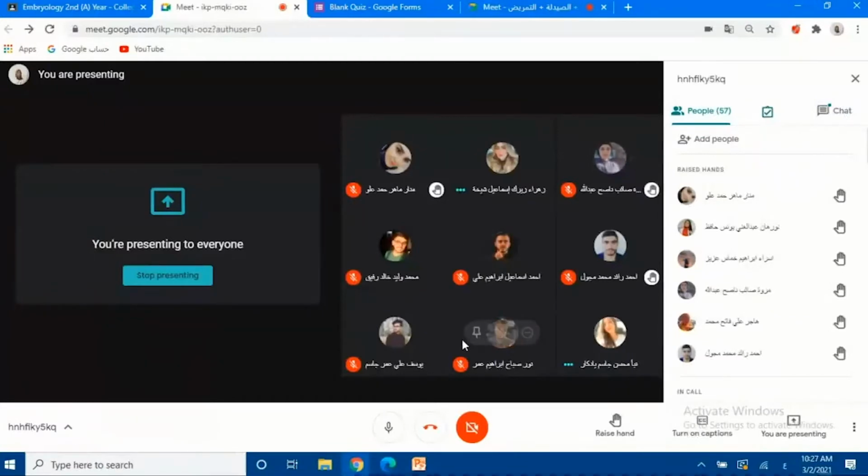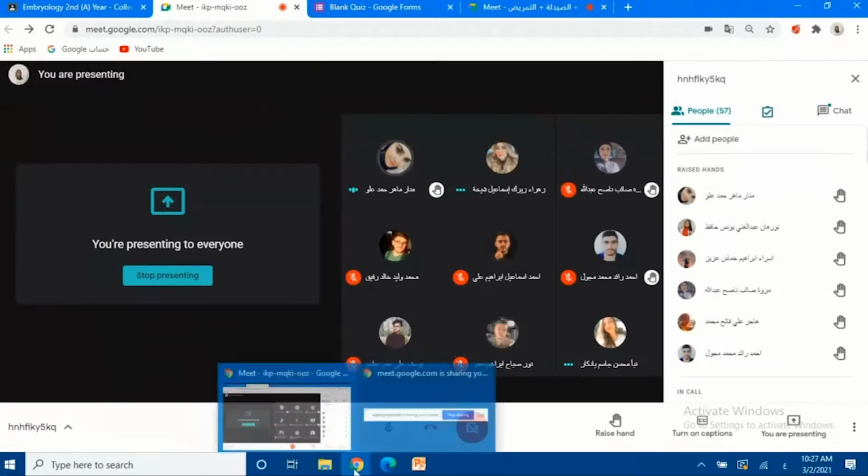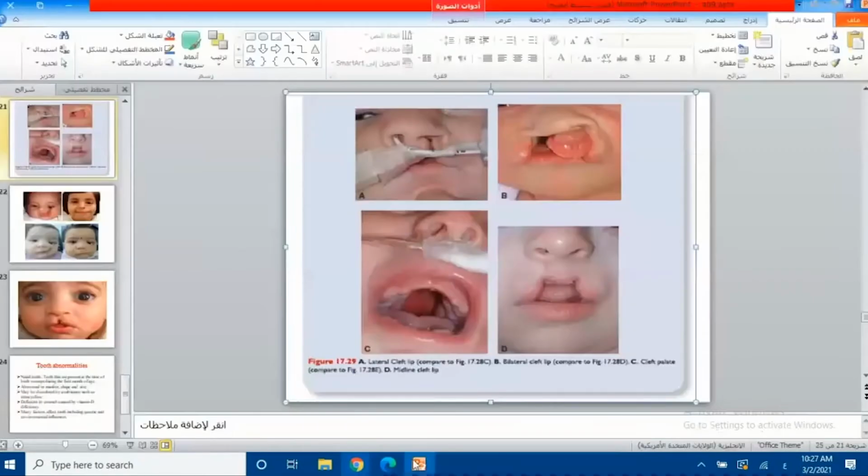Yes. So I have asked the question: what is the kind of the cleft right here in this picture? I think about the upper lip and maybe nose. Okay, what else?